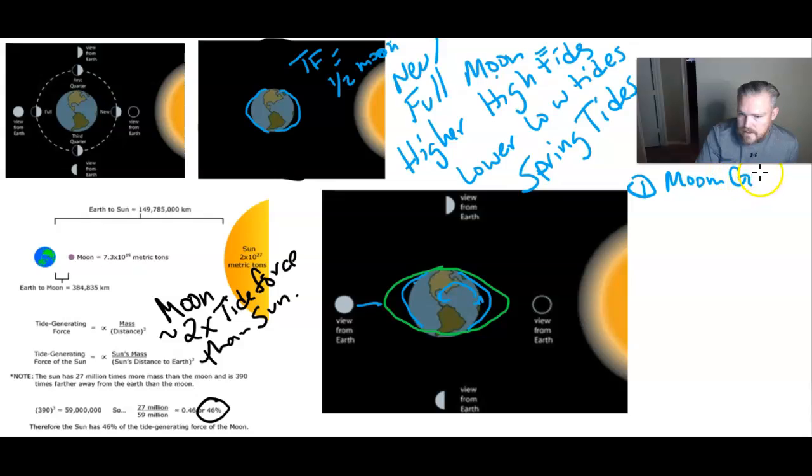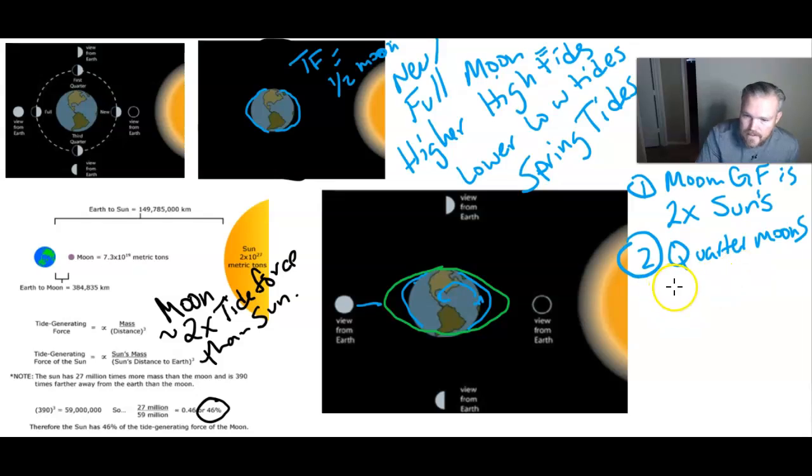So the moon's gravitational force is 2 times the sun's, right? Then at quarter moons, we get neap tides, which are higher than normal low tides and lower than normal high tides.